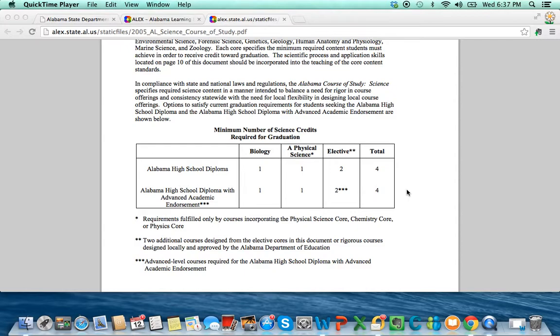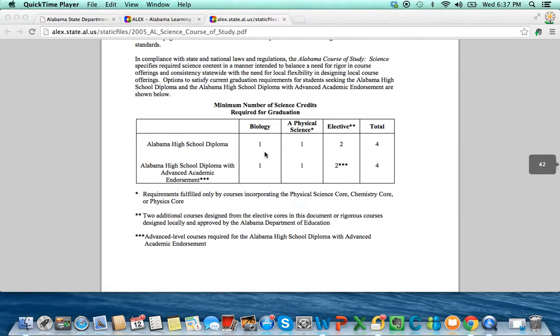But just to make it very clear, every student in the state of Alabama is required to take biology. Now, I will just tell you, in my teaching history, that used to be a 10th grade course, but it's now been changed to a 9th grade course in most every school because of the graduation exam, and of course that does not exist anymore.